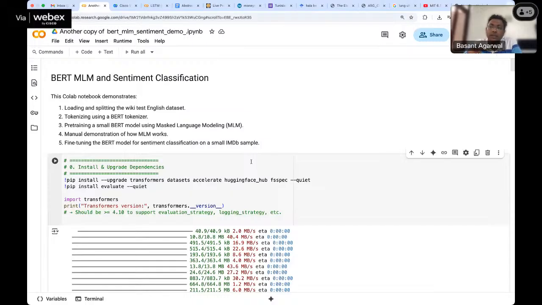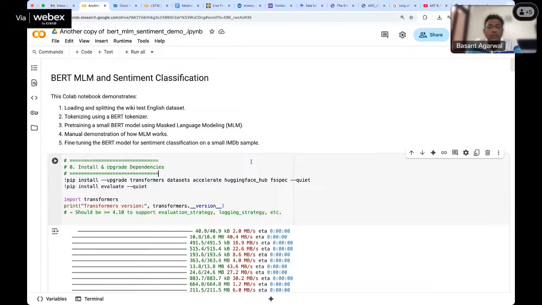From our own data, we will use masking in the sentences, and then we'll give input and output pairs to the BERT model to learn the embeddings. And then we'll also see how the embeddings learned from our own data perform on a sentiment analysis task.